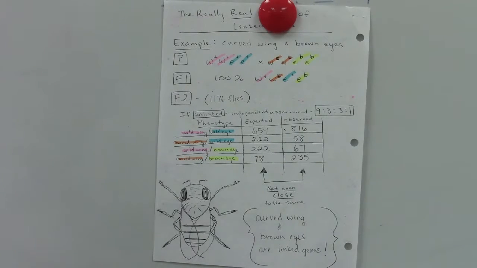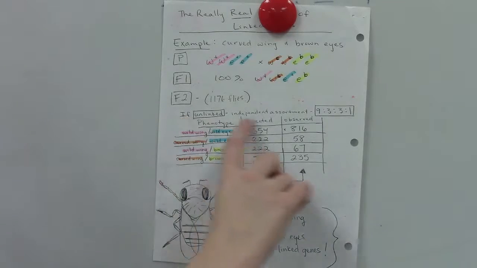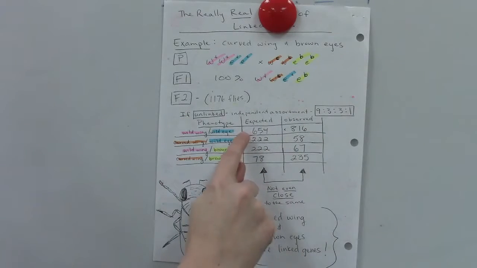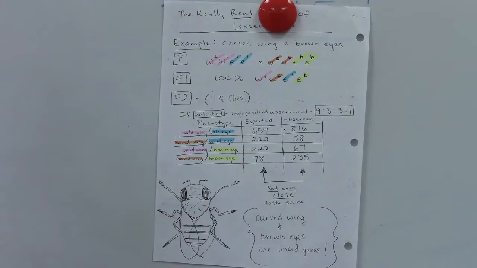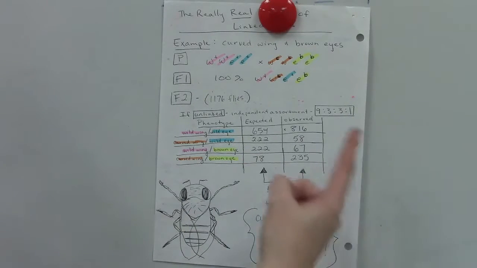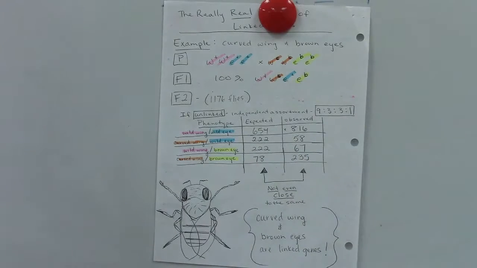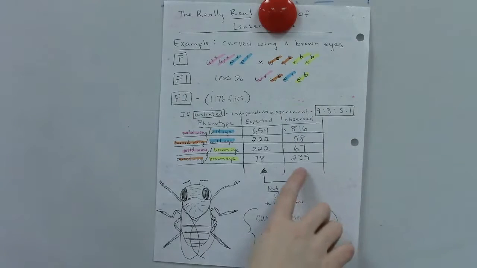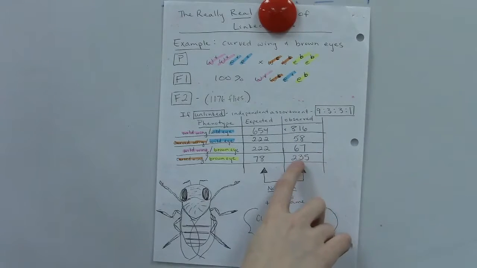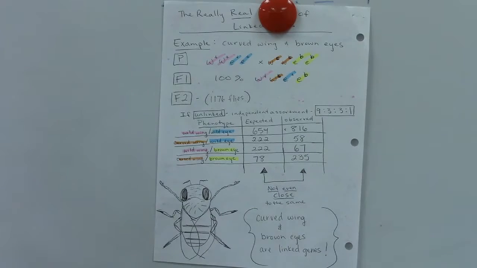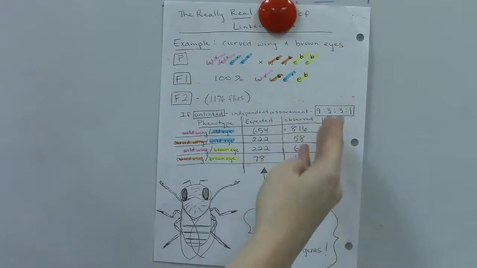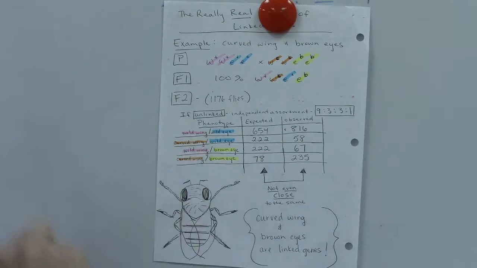Okay, so if these were unlinked, we would expect this nice 9:3:3:1 ratio. But what we observed is the vast majority being wild wing wild eye, and another good bit being curved wing brown eye. All right, and then you have this little smattering of other phenotypes, which are combinations of one recessive and one dominant.